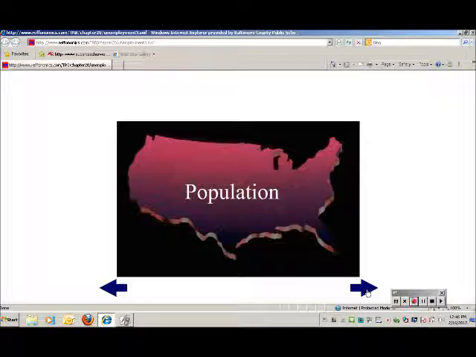Population is something that you have to be careful of because obviously it's constantly changing over time. Based on the estimates that we have for October 2006, the United States population was about 300 million people. That number is higher in 2011 and 2012, based on the last census that was taken in 2010.